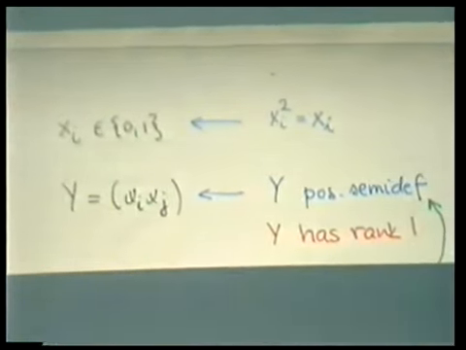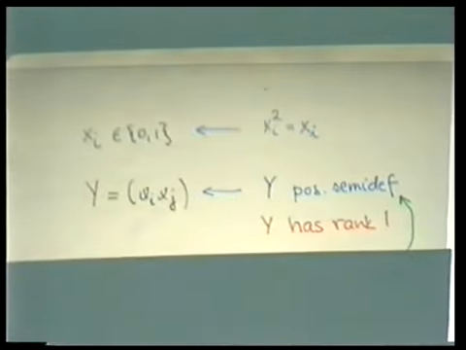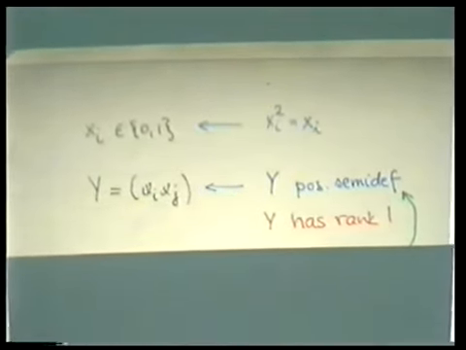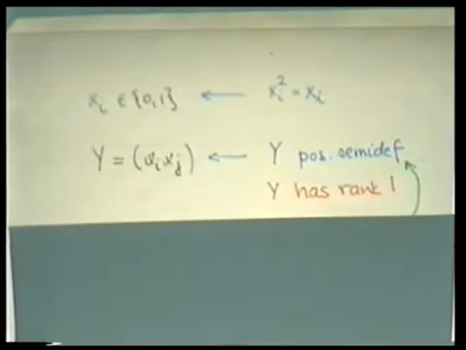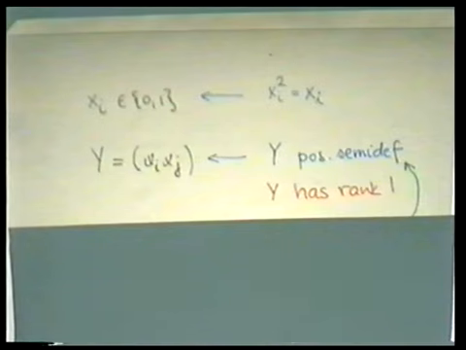So what you do is you introduce the variables xi xj, the mutual products, as new variables. And you put them together in a matrix Y. And then it's easy to see that any linear inequalities that hold for the xi's are inherited by this matrix.